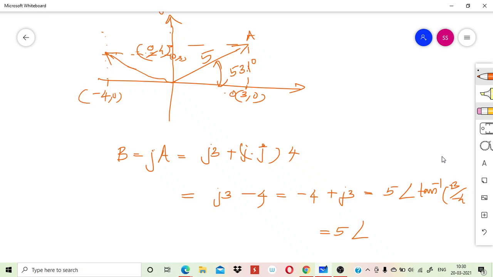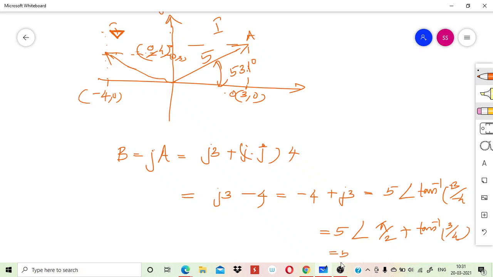That means y is positive and x is negative, which means your second quadrant. This is the first quadrant and this is the second quadrant. So the angle will be equal to pi by 2 plus tan inverse 3 by 4.